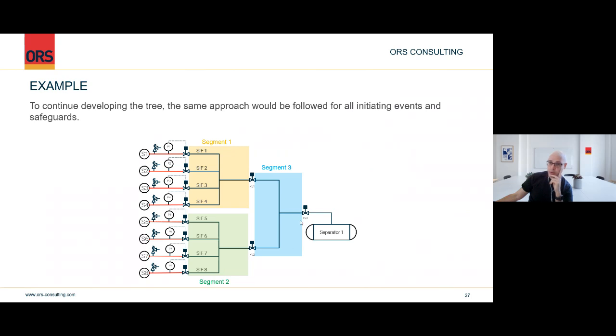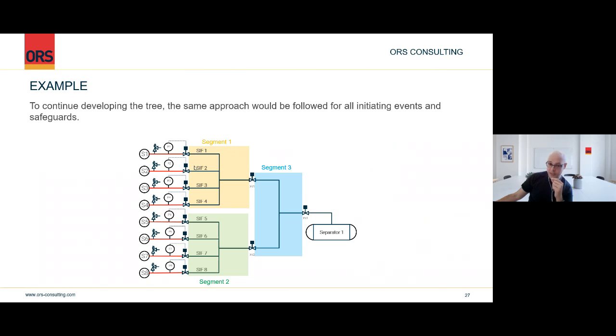So remember, we're not looking at the frequency of overpressure in the SIF. We are looking at the frequency of overpressure in the system. So this is what we are protecting. The equipment under control is the production system. And for example, when this closes, we need all of the safety instrumented functions to work at the same time. None of them can fail. So that has an interaction in all of them.